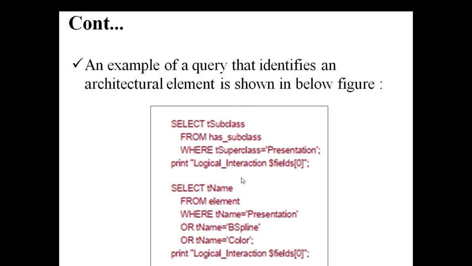Okay, this is one type of query, but there is one more query. Select T name from the element table, where the T name is presentation only, or the T name may be B-spline, or the T name may be color. Whenever the data is available, we have to print that. See, we are finding some element and element value here.